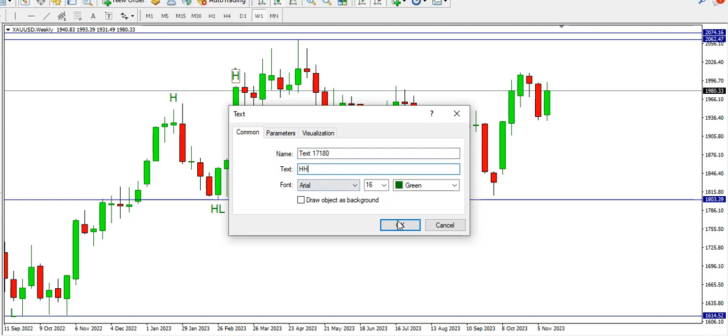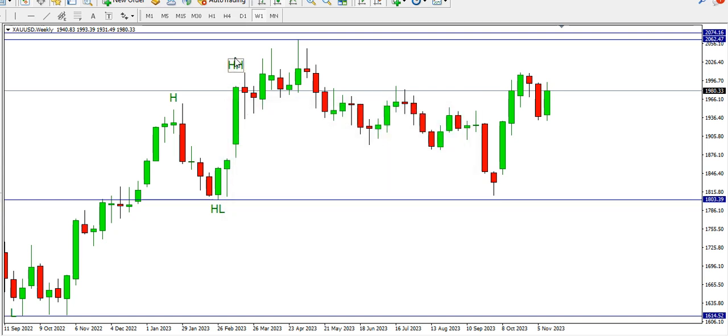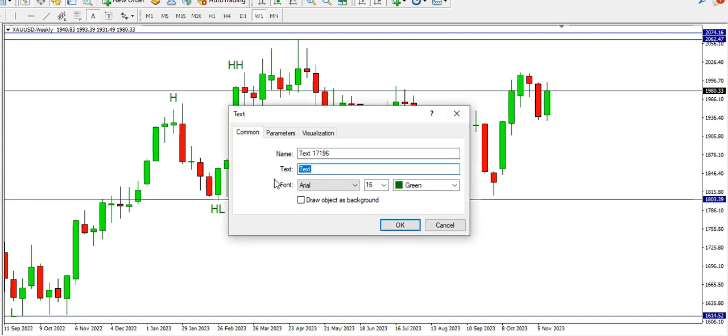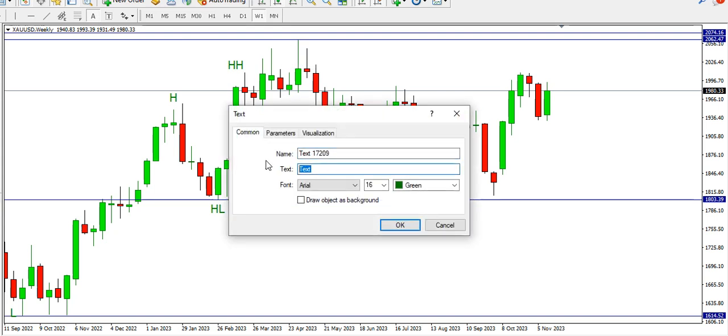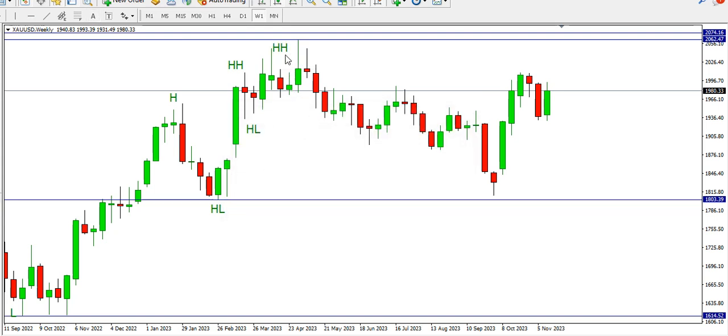Higher high. And then we have a higher low somewhere around here. Then this higher high, but this is not a higher low until here. We have another higher high positioned at the top around here.